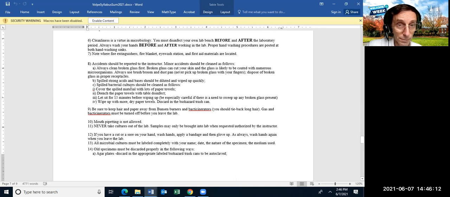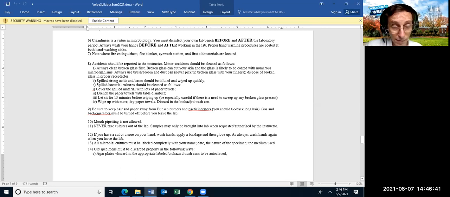Let's talk about a broken glass spill. Cover the material with paper towels, then put disinfectant down, let it stand for 15 minutes, wipe it up if needed. If there's broken glass, put the broken glass in the broken glass container, put all of the other material in the biohazard bag, which I also call the autoclave bag.